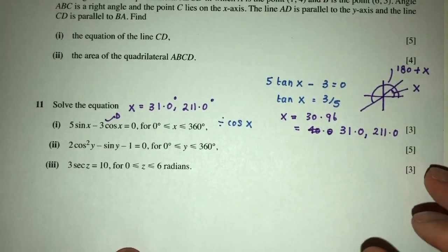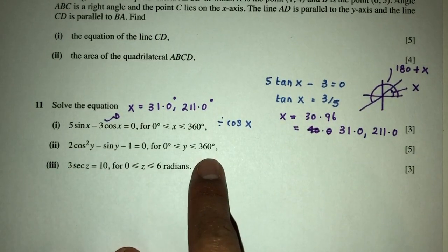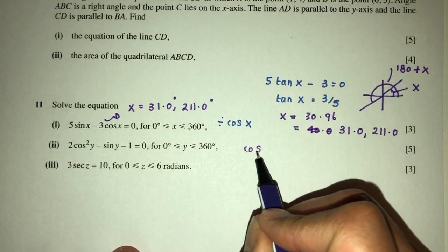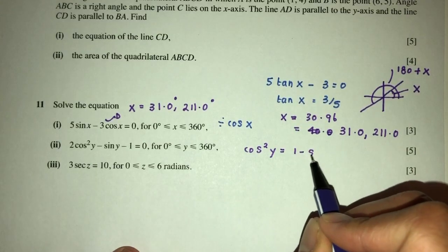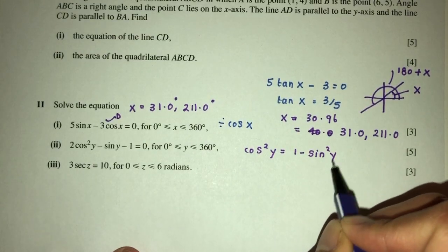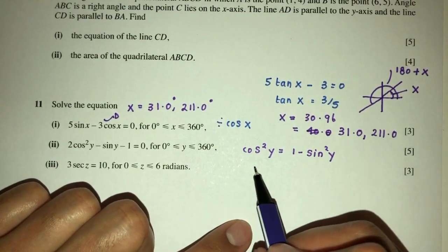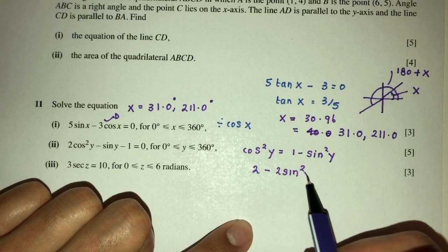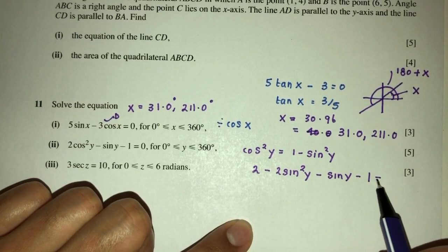Now for part 2, we have to solve this equation for the value of y between 0 and 360. Now, we know that cos square y can also be written as 1 minus sine square y. Replace back in this, you will have 2 minus 2 sine square y minus sine y minus 1 equal to 0.